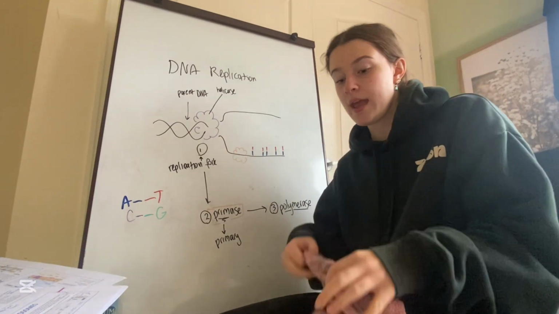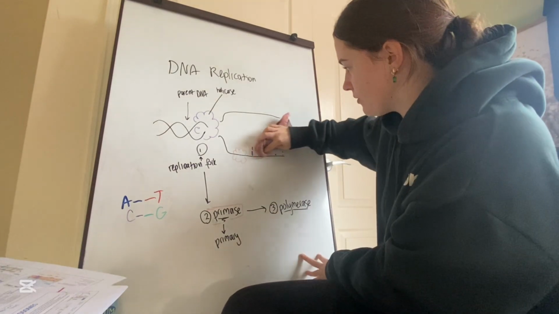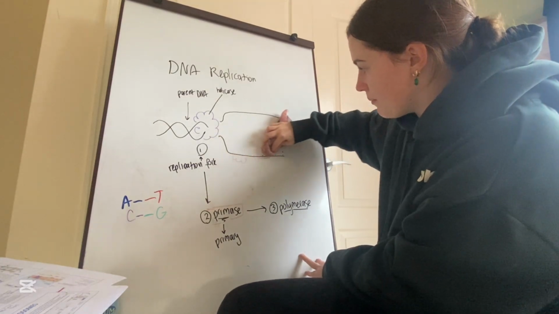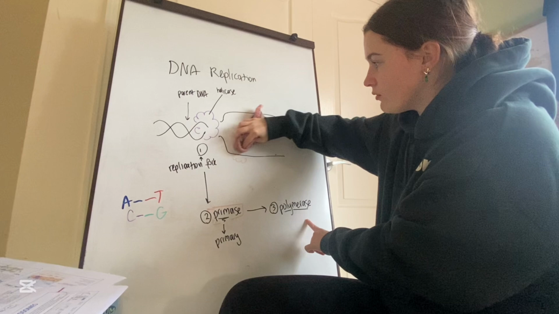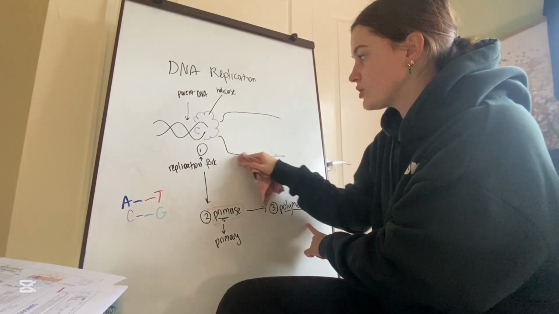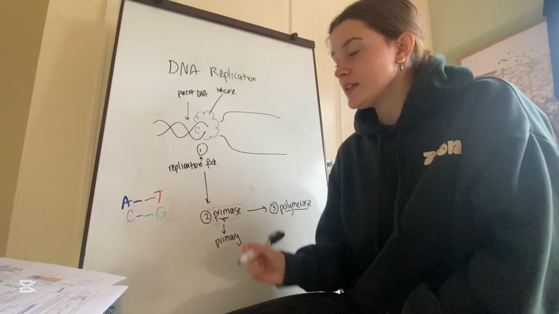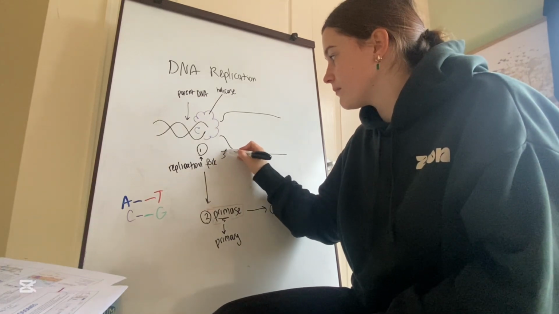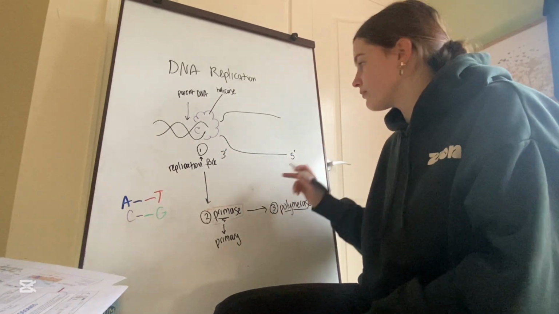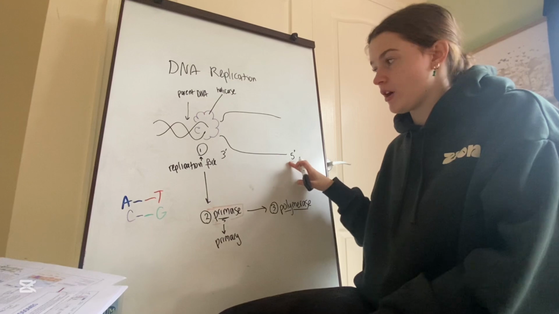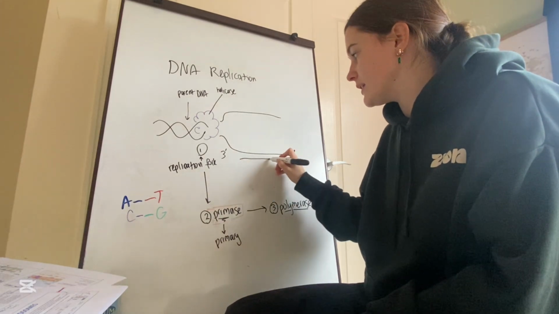We know this. However, we run into an issue because the polymerase only runs in a certain direction, which is where I think a lot of people are getting confused. On one side, this DNA runs 3' to 5'. It goes this way.